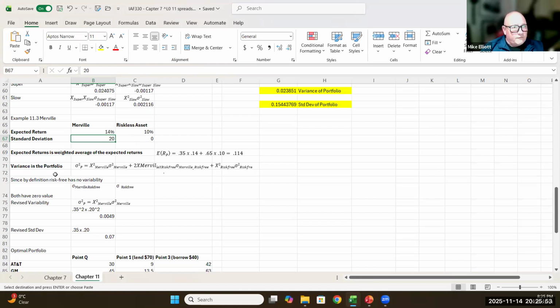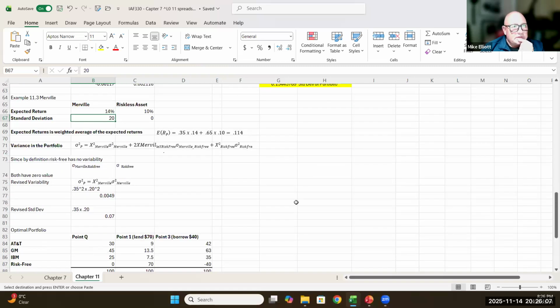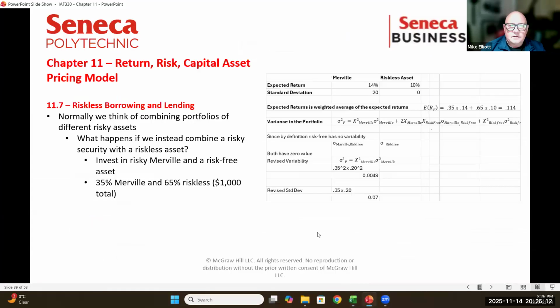The variance in the portfolio is going to be 0.35 squared. We have a standard deviation of 20%.